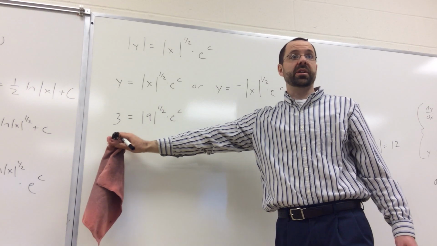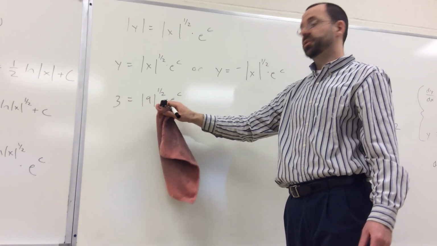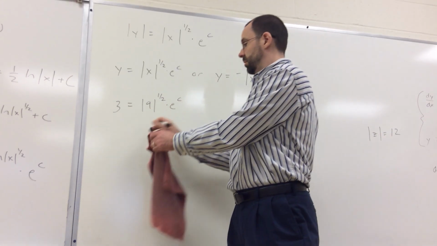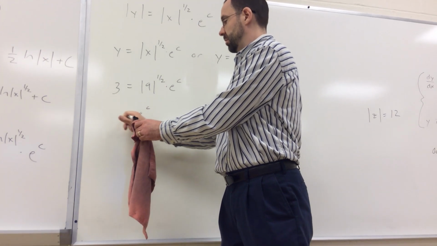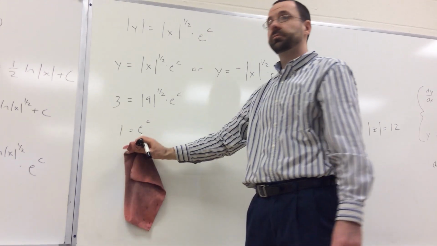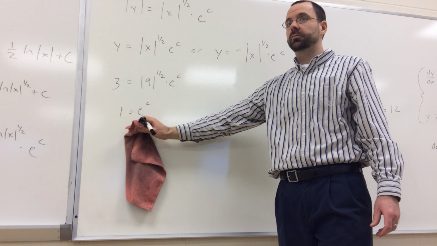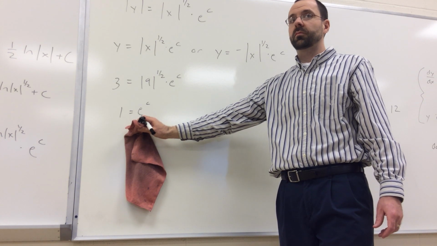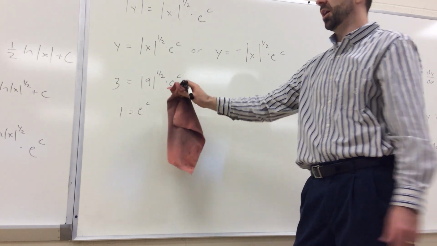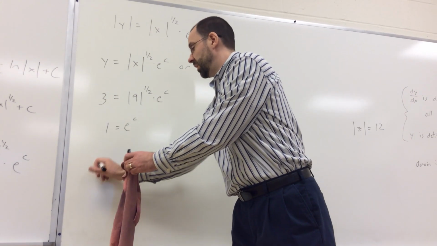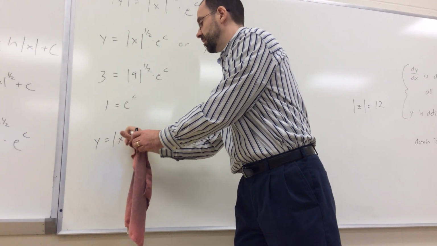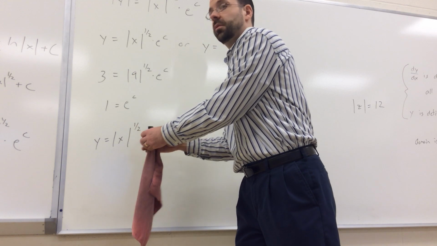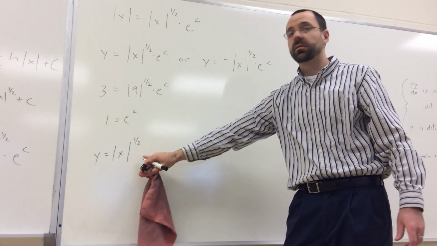So then you would divide the 3 to the other side. So e to the c is 1. So now we've got y equals absolute value of x to the 1/2 times 1.